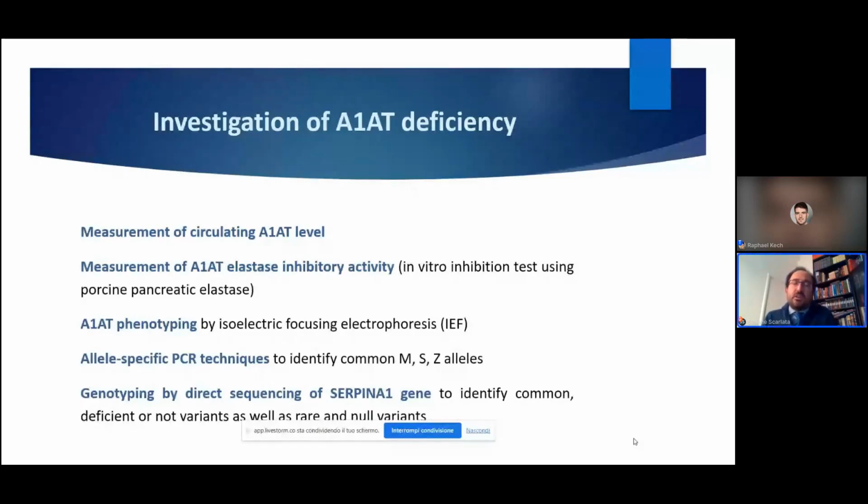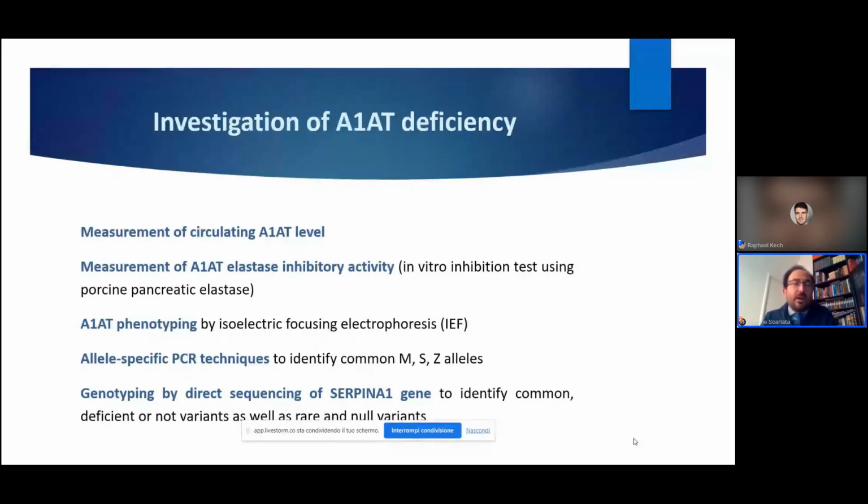The first important instrument is the measurement of circulating alpha-1 antitrypsin level, maybe together with the measurement of alpha-1 antitrypsin elastase inhibitory activity. This is an in vitro inhibition, very popular in experimental settings, less popular in clinical practice. However, this is an instrument we have.